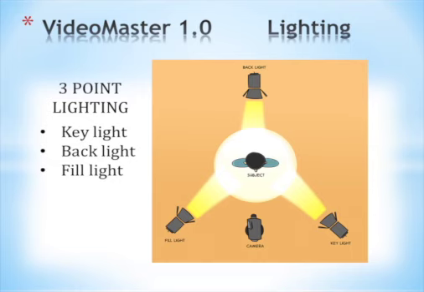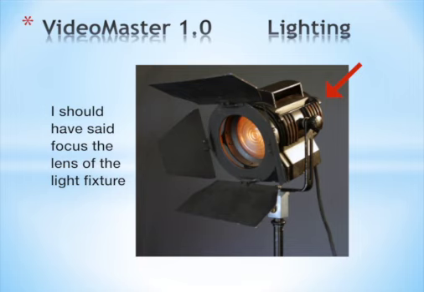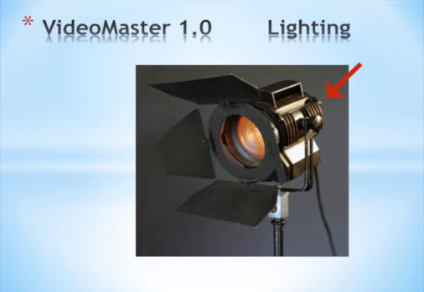I should also tell you that some of the fixtures you'll look at out there have the ability to actually focus the beam. Inside the housing of the unit, there's often a dial or a lever that physically moves the light bulb closer to the front or further to the back of the fixture.